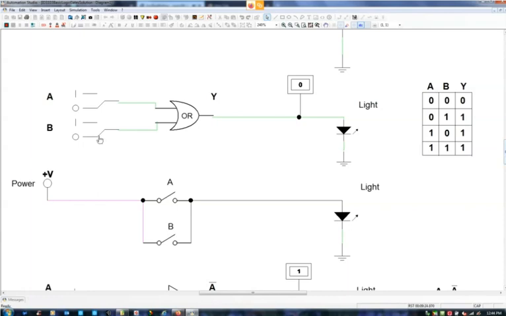If I turn B on, we can see our light turns on, which our truth table here says, yeah, it's true. If I turn B off and turn A on, yes, that's also true. And of course, the 1 here indicates we're giving it voltage.